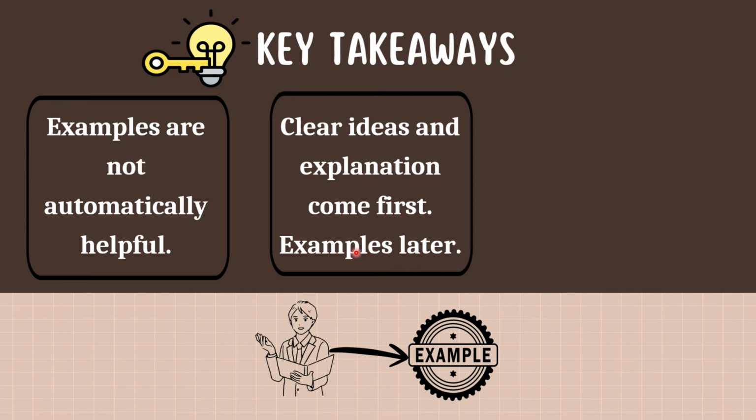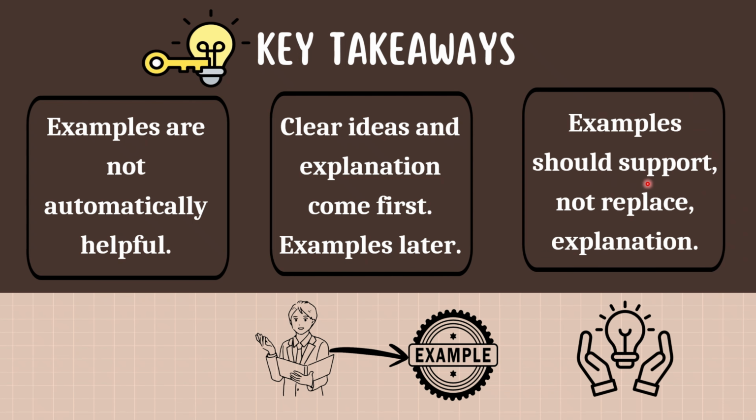An example, if used, should be focused, relevant, and clearly linked to the point you are making. Remember, examples are there to support your ideas, not to replace explanation or fill space. Once you start using examples more carefully, your writing becomes clearer, more focused, and more effective overall.